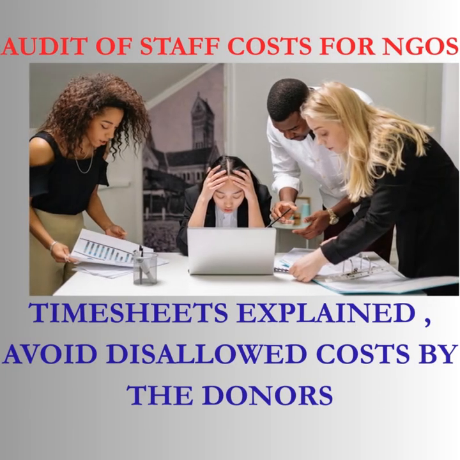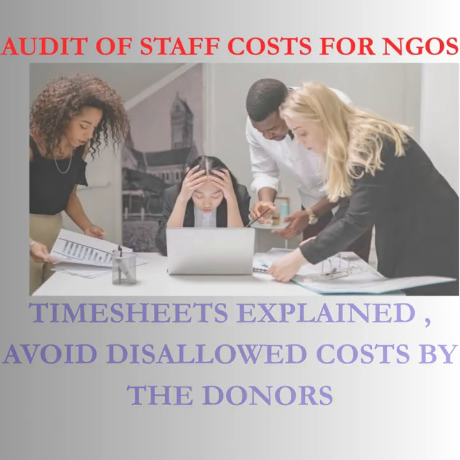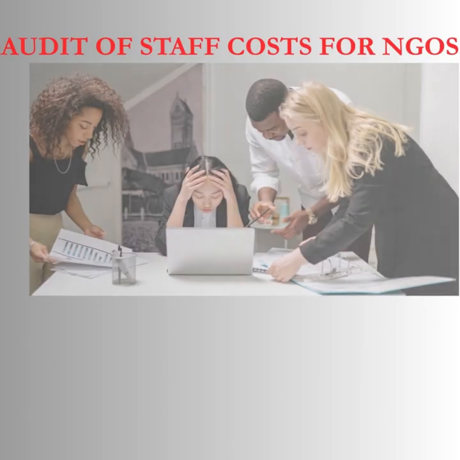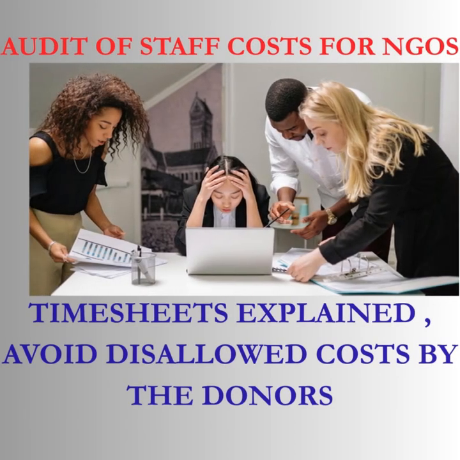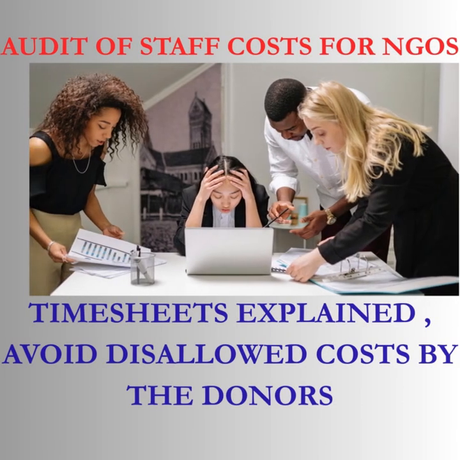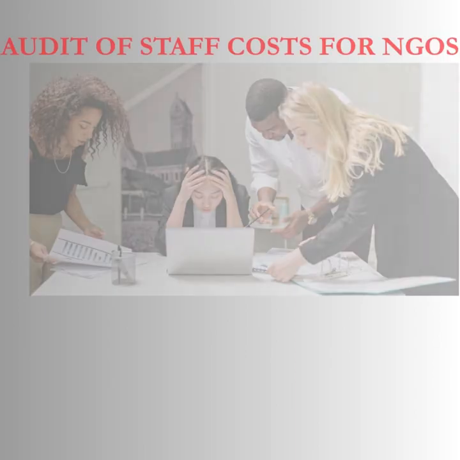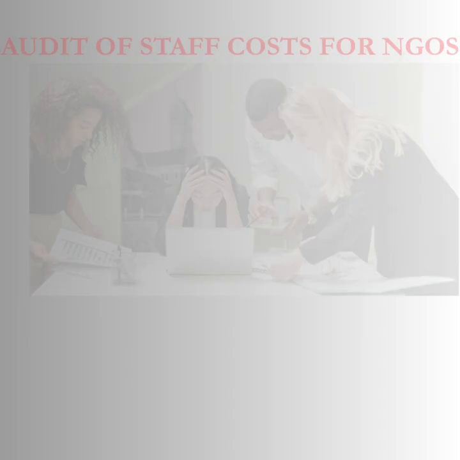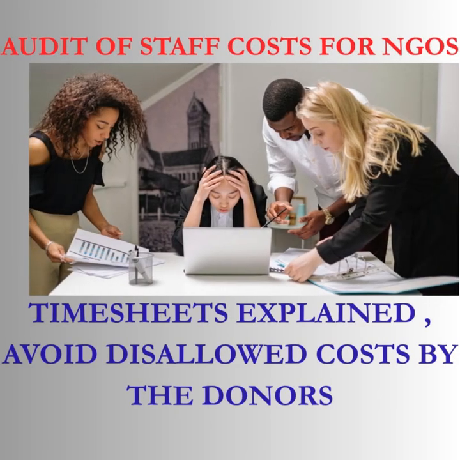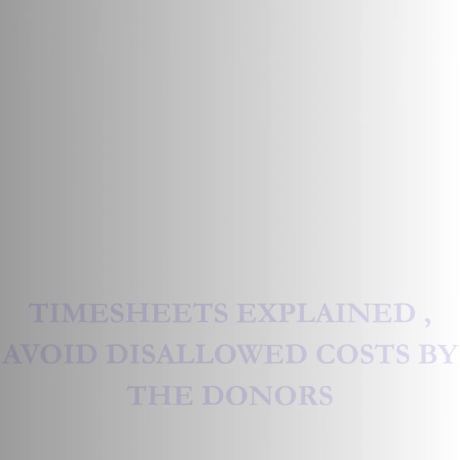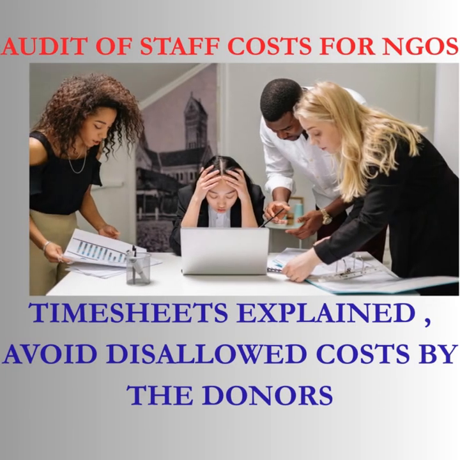And what is the support that auditors usually look out for, or donors expect auditors to see, when they are testing this particular cost? So we expect to see various documents, which include, among others, timesheets, payslips, and proof of payment, that is a bank statement, or maybe cash if you're paying your people by cash.